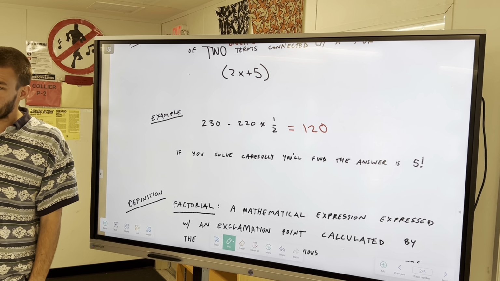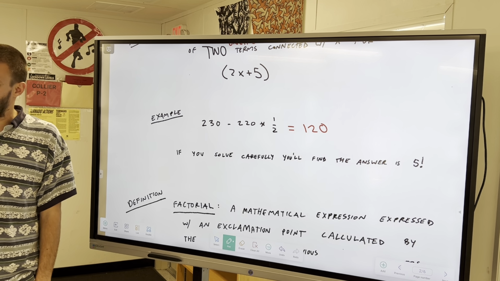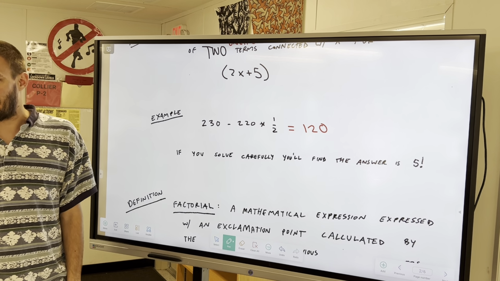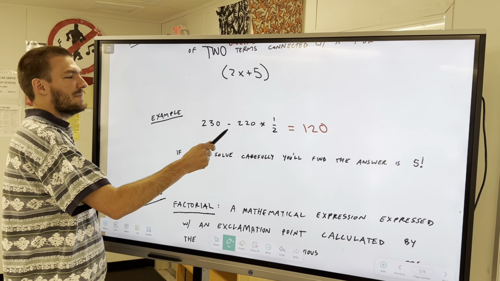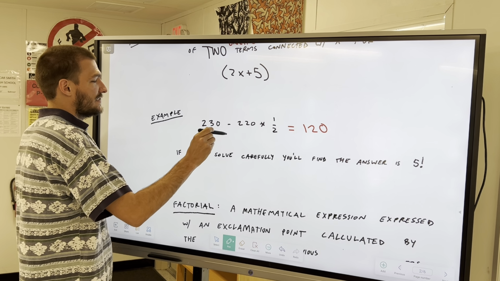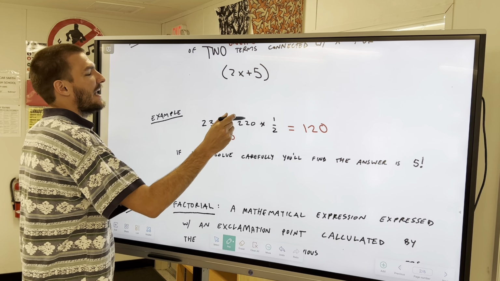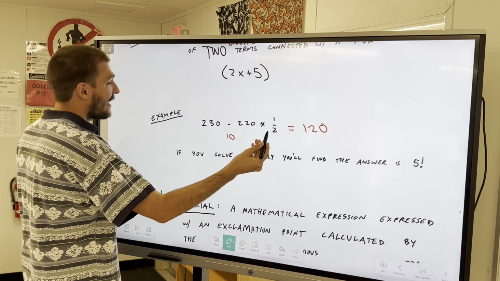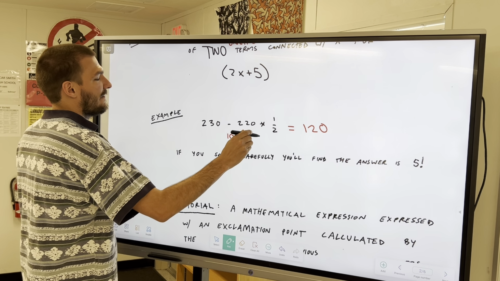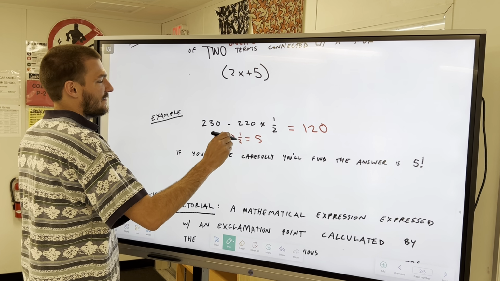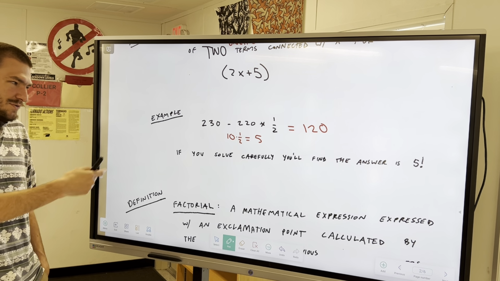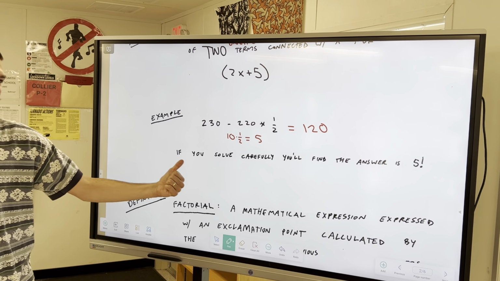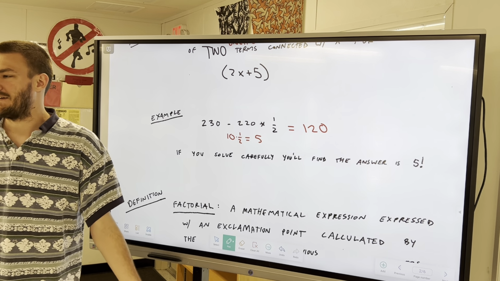If you aren't very good at math and you don't know about PEMDAS and you do it wrong, you do 230 minus 220, which is 10. And then you cut it in half, you get 5. Now, if you do it correctly, the answer is 120. And it says if you solve carefully, you'll find the answer is 5.